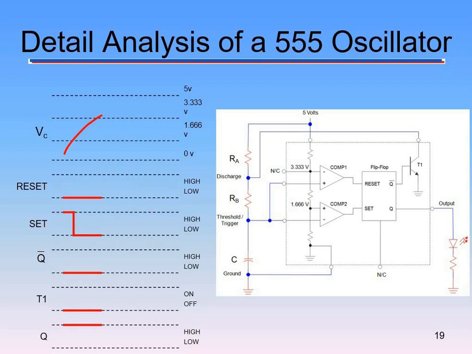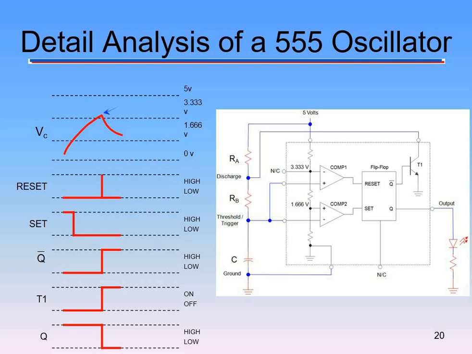If we look at the initial position, VC is exponentially growing up. Our reset is low, which means it's at 0. Our set is dropping to low. Our Q bar is low, which means Q has to be high, and it means our transistor in this case is off. That's what each of those points shows.